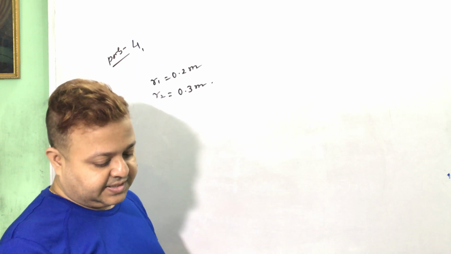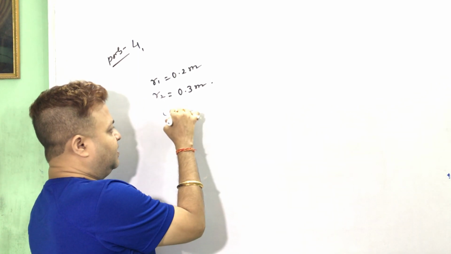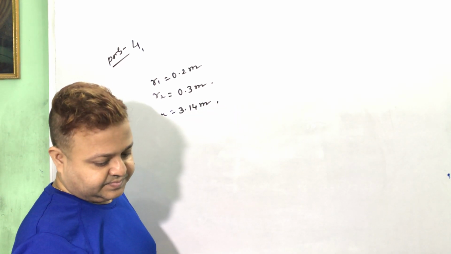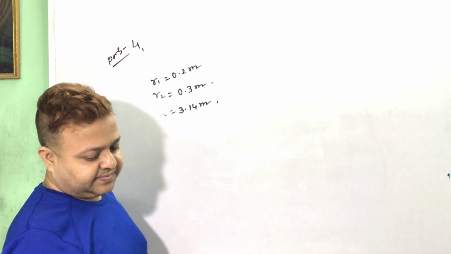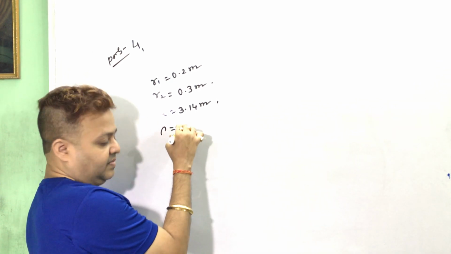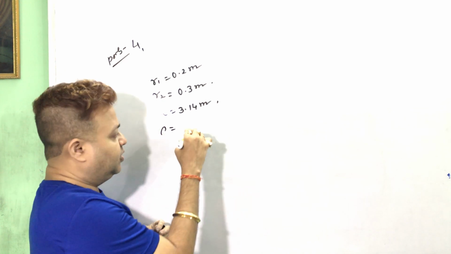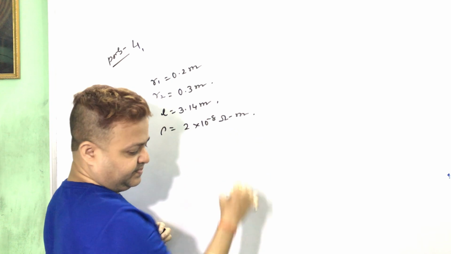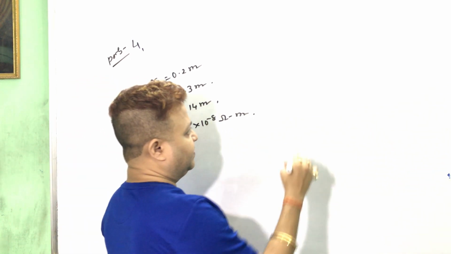The length of the cylinder is 3.14 meter. The specific resistance is 2 into 10 to the power minus 8 ohm meter. This is a hollow cylinder.